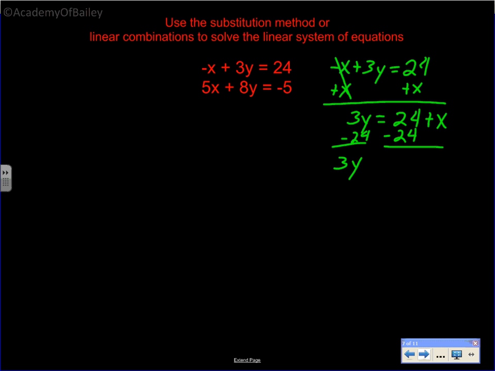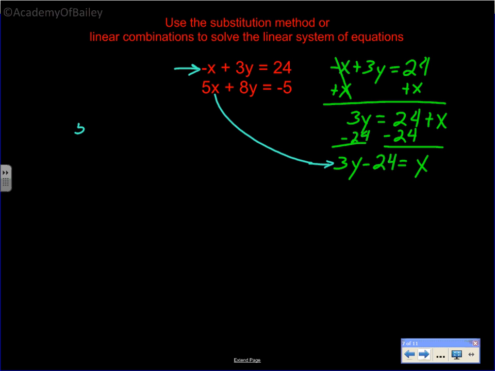So 3y minus 24 is equal to x. And now, since this is the equation that we switched around, we cannot plug what we've switched around back into it for x. We have to do it with the other equation. Plug it in there for x.